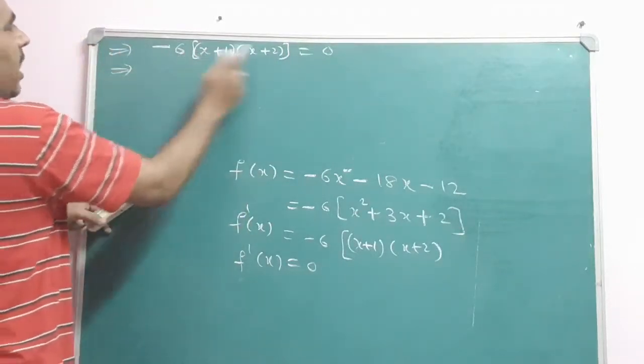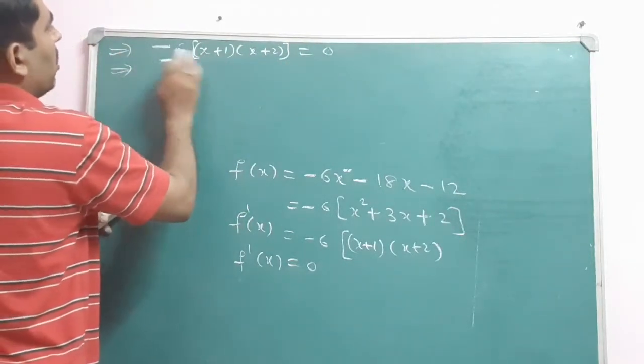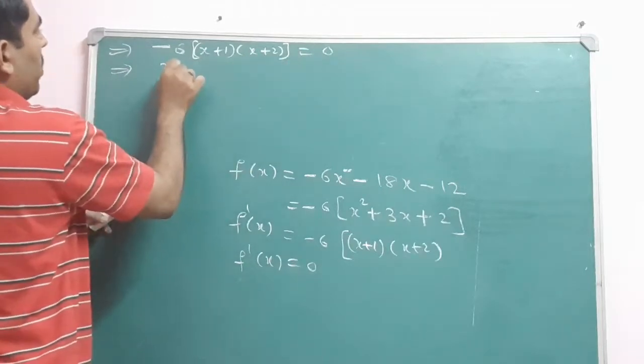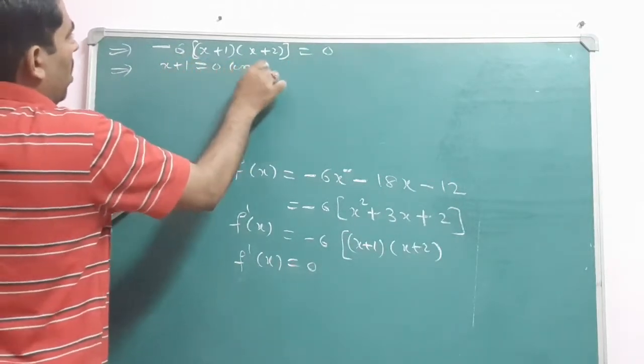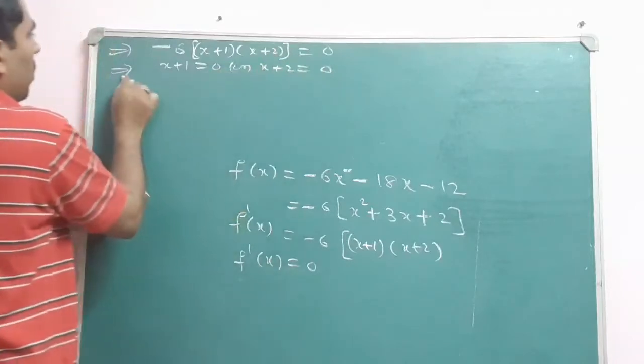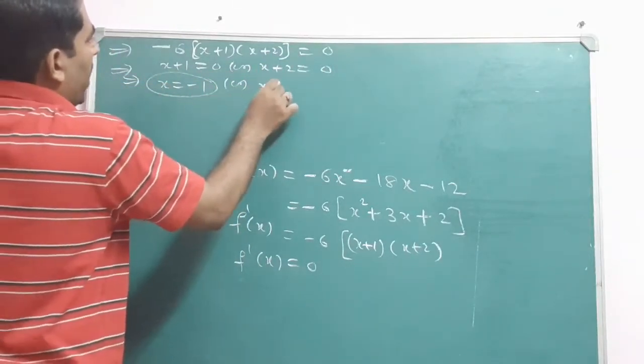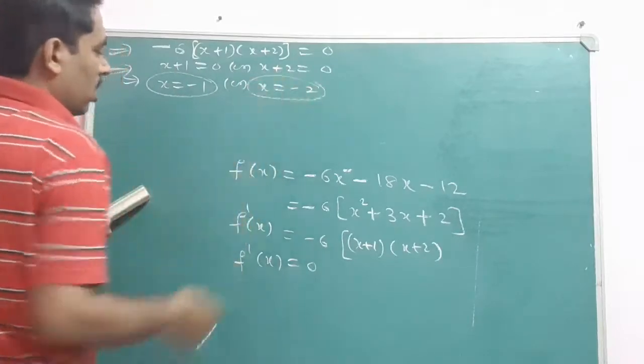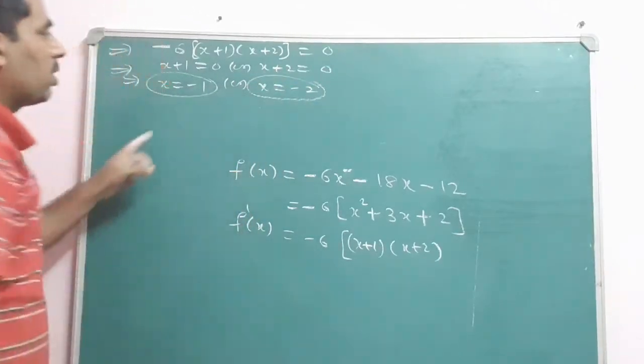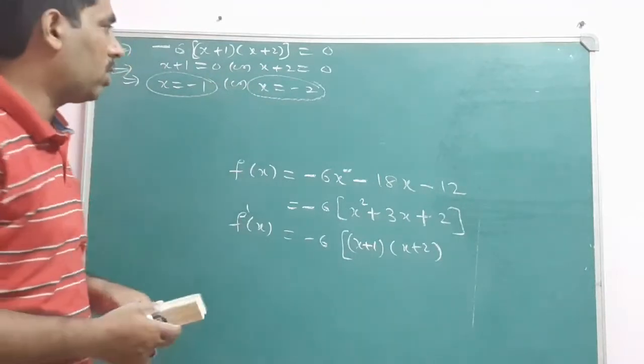This cannot be 0, so that option is not available here. These two are equated to 0. So x plus 1 is equal to 0 or x plus 2 is equal to 0. So x is equal to minus 1 or x is equal to minus 2. These are the two values here.